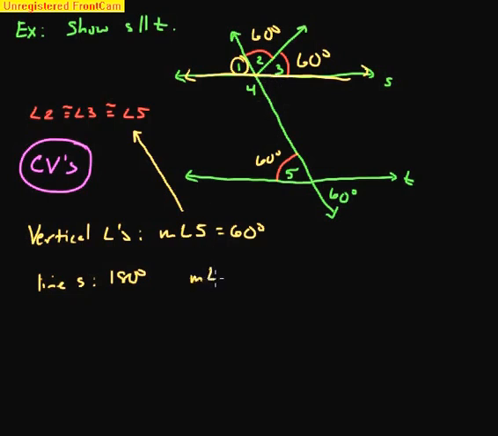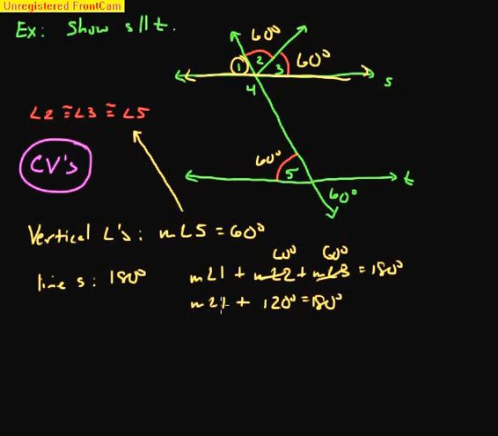Well, if I take the measure of angle 1 plus the measure of angle 2 plus the measure of angle 3, I should get 180 degrees, because they form that straight line. So the measure of angle 1 plus 60 degrees plus 60 degrees, so together that's 120 degrees, should be 180. And if I subtract the 120 away from both sides, I should get that the measure of angle 1 equals 60 degrees. So this is a 60-degree angle as well.